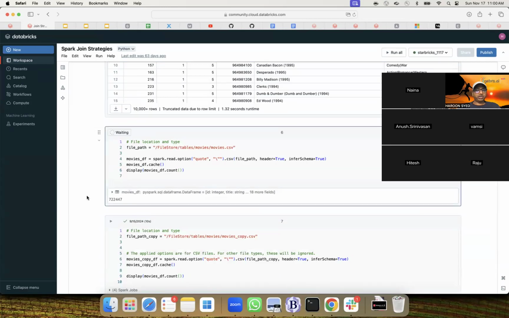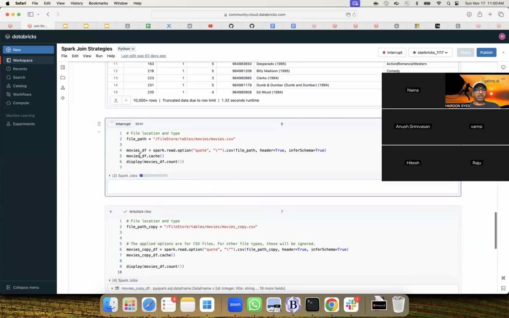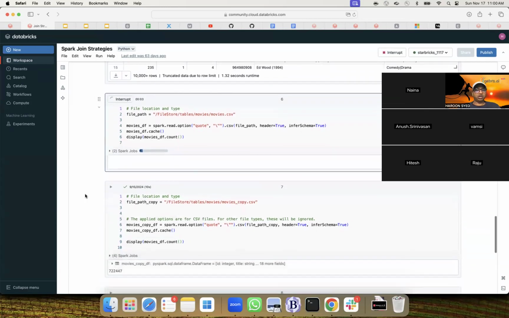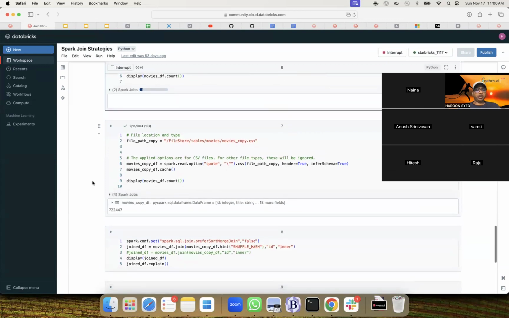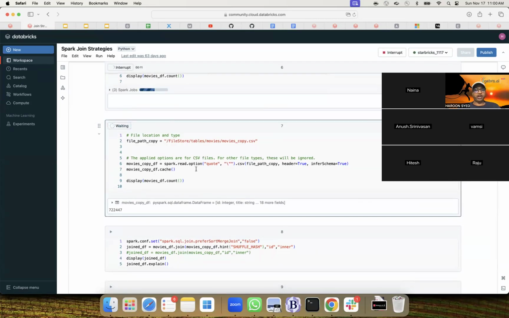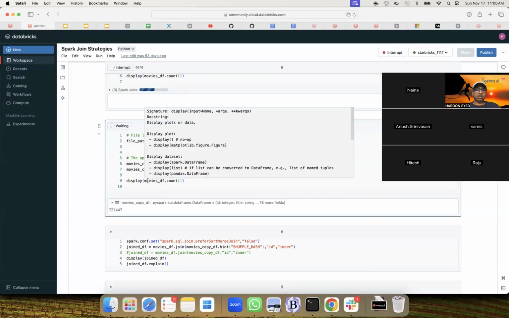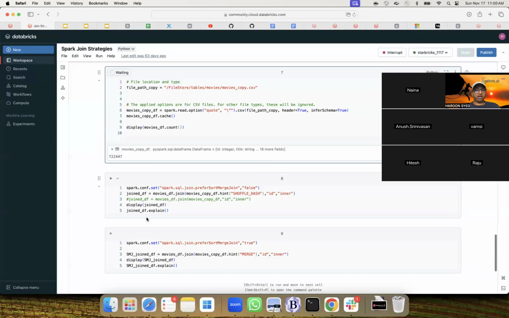So I'm running this. I'm caching the movies data frame here, and then I'm creating another copy of the same data frame so that I have the same size. Both the tables are of the same size. And then I'm just doing a self join.